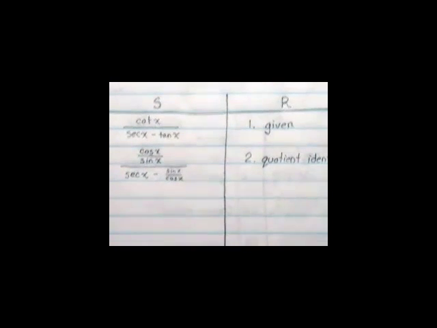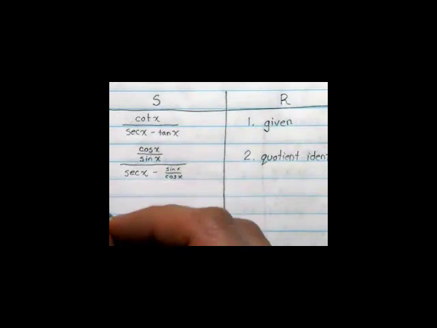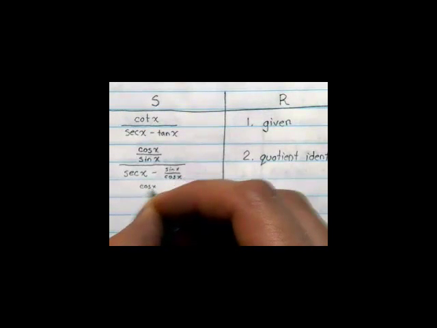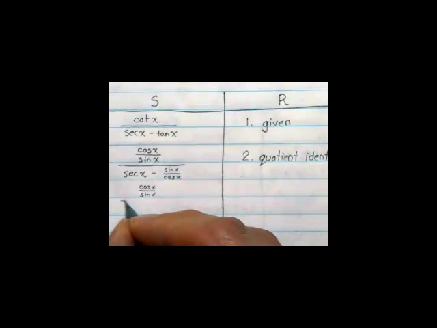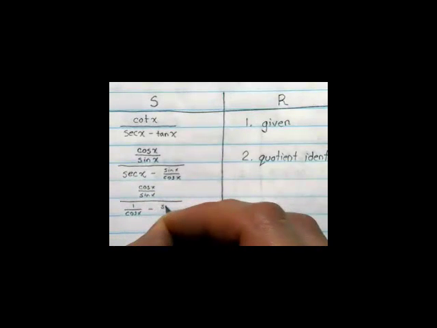Okay, so we're at that stage. And then step 3, we can go ahead and do cosine over sine over 1 over cosine minus sine over cosine.